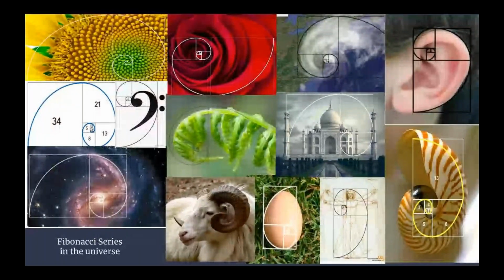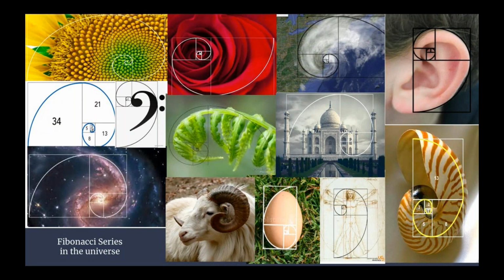These are some examples of the Fibonacci series shown in our universe. There's this thing called the golden ratio, which is derived from the Fibonacci series. And fun fact, the golden ratio is actually associated with beauty.